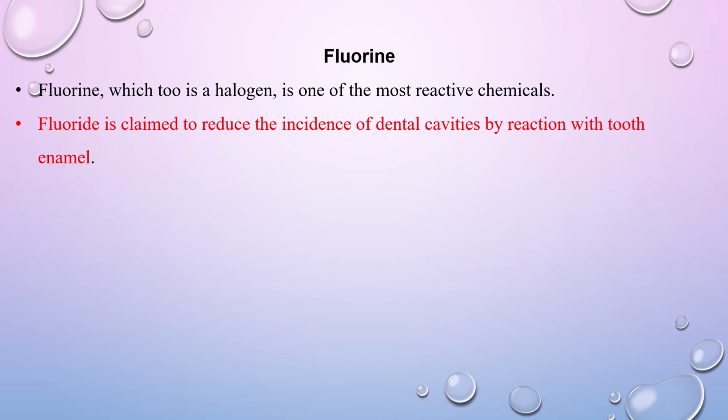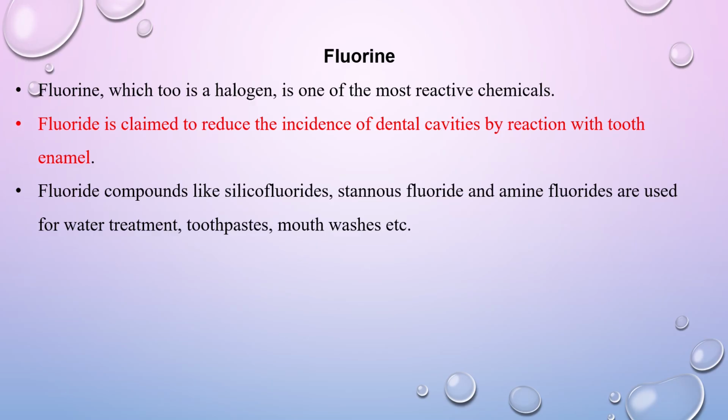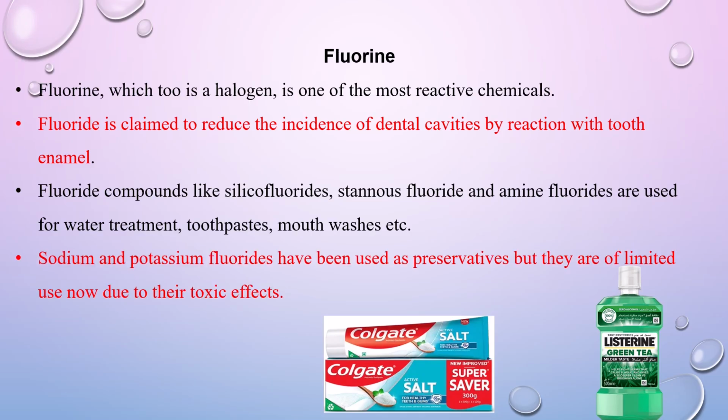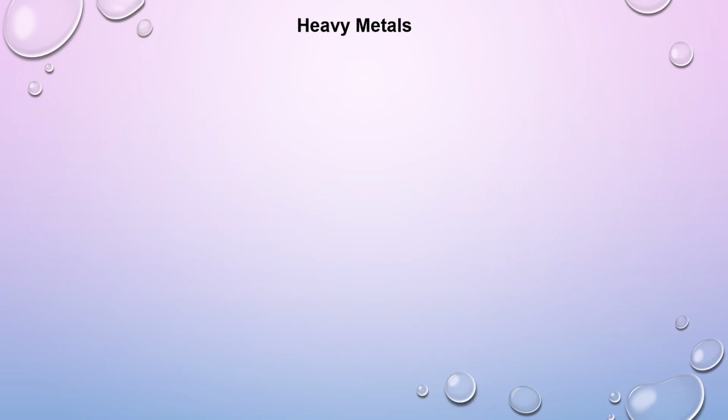A number of different fluoride compounds like silicofluorides, stannous fluoride, and amine fluorides are used for water treatment, toothpastes, mouthwashes, etc. Sodium and potassium fluorides have been used as preservatives, but they are of limited use now due to their toxic effects.